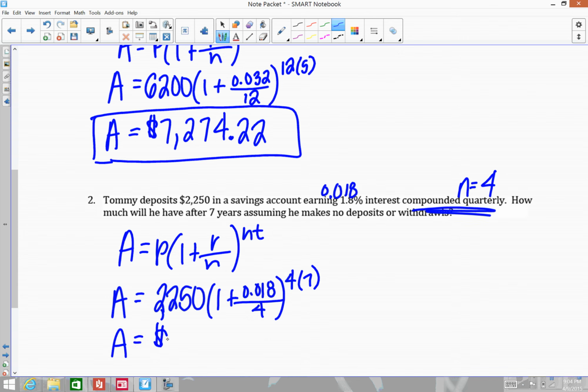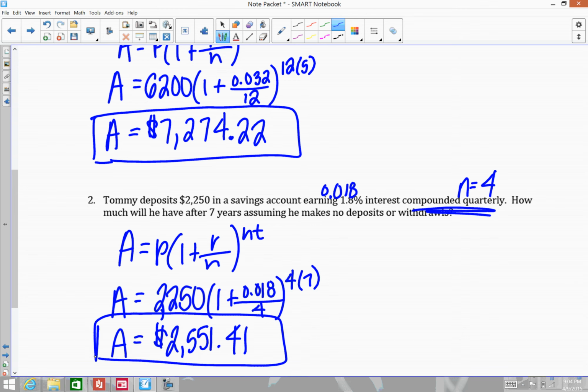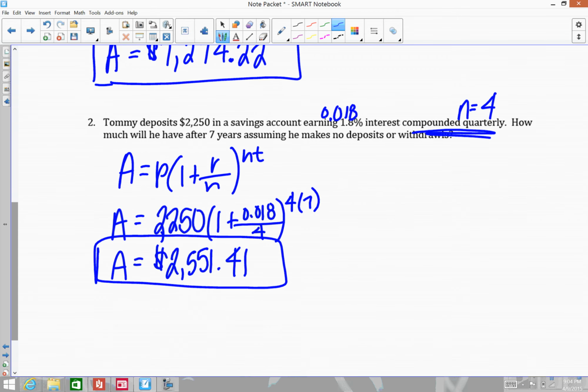Calculate that, and that'll tell you how much money is now in the account. So you should get $2,551.41. So really, it's just using a formula that deals with money to figure out the compound interest.